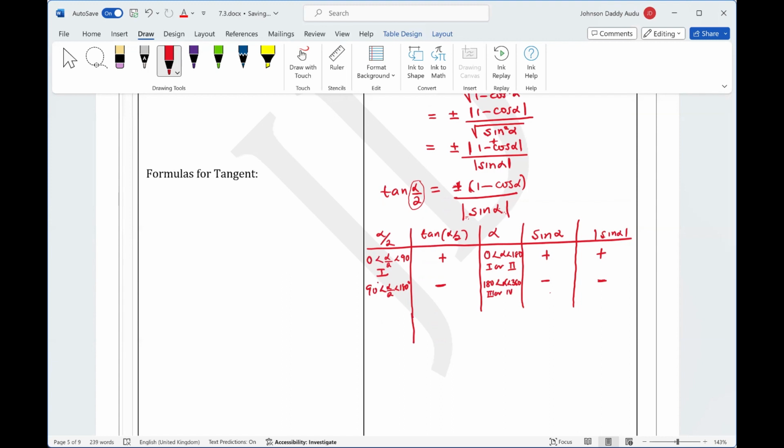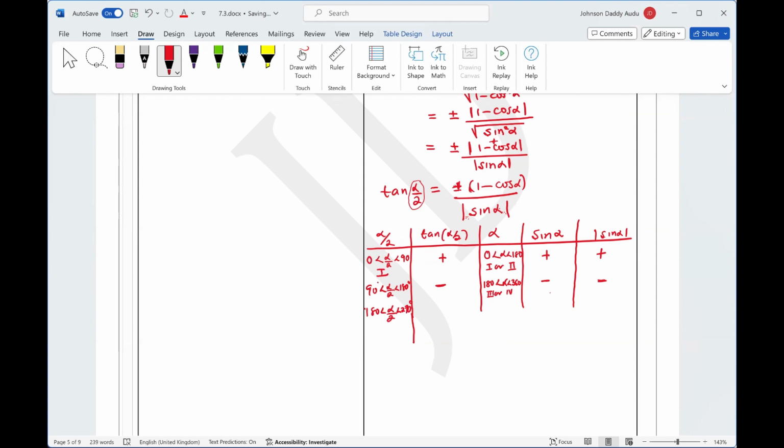Now, thirdly, you can have alpha over 2 to be from where? Alpha over 2 between 180 and let's say 270. So this one, remember, this is the position of alpha over 2, 270.